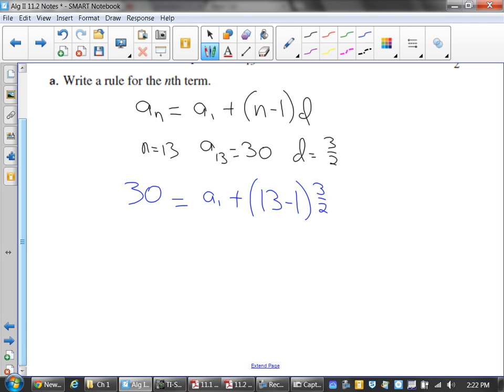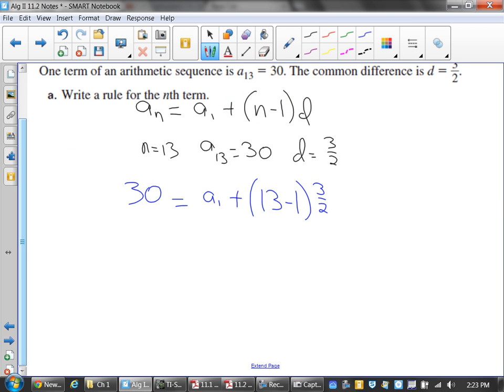So what's 3 halves of 12? 18. What's half of 20? What's 10 times 3? What's 3 halves of 20? What's half of 22? What's 11 times 3? What's 3 halves of 22?